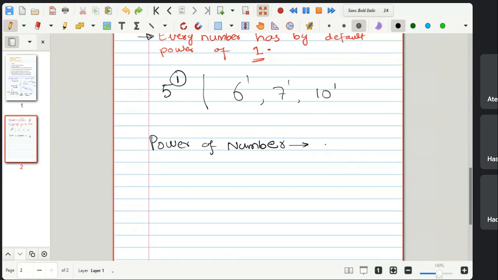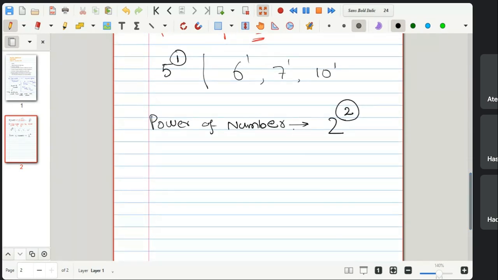Now this is a very important thing. So we will say the power of 2 is 2.